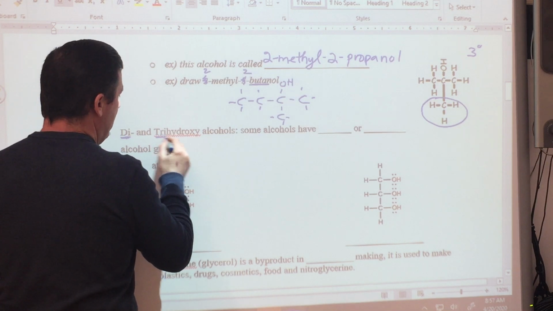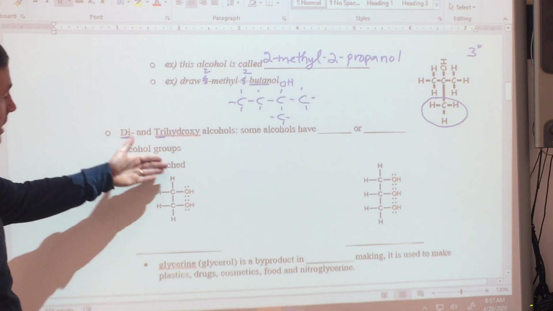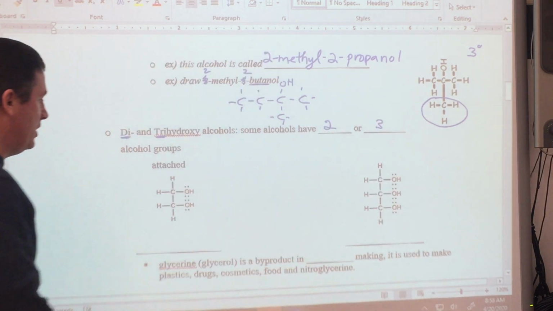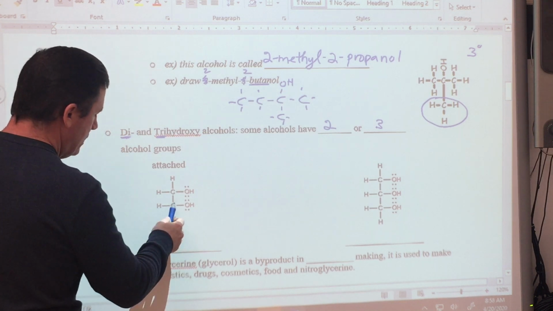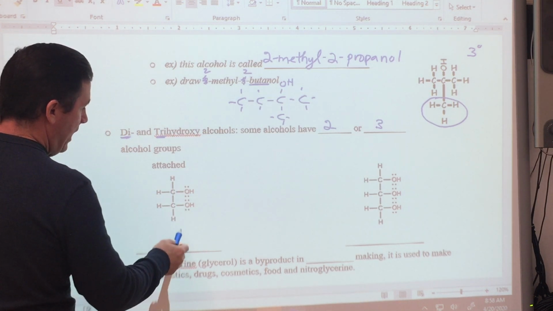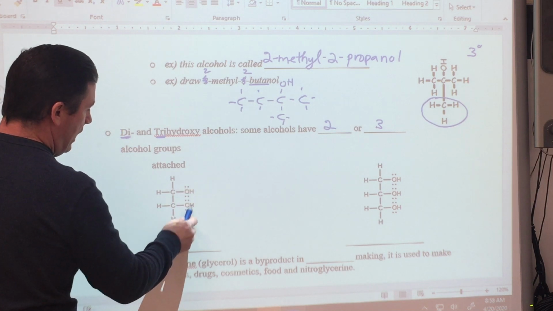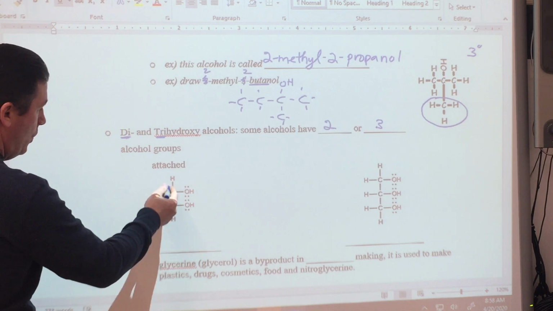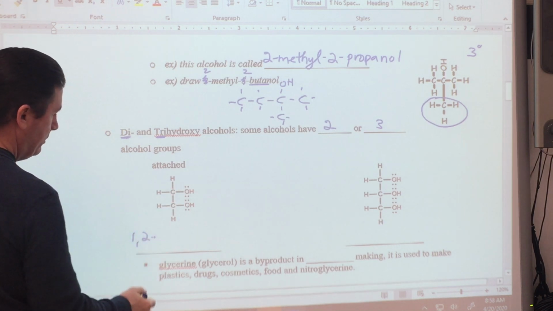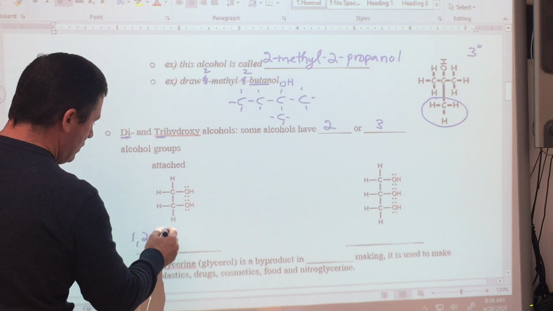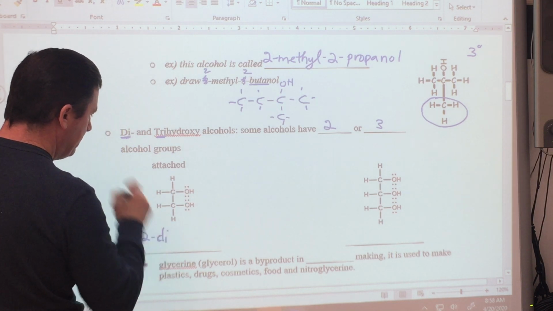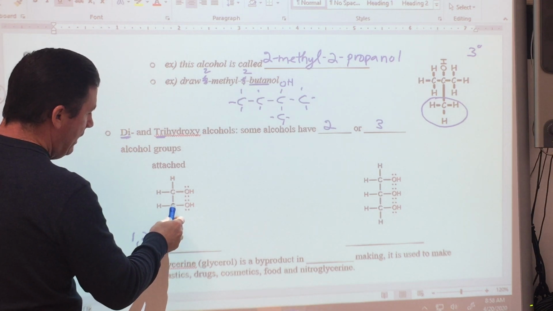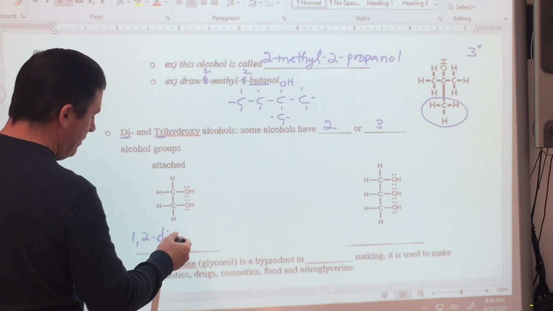Okay? The last little chunk is di- and trihydroxy alcohols. Some substances can have 2 or 3 alcohols attached to the same carbon chain. Di again means 2, tri means 3. All right? So how would we name this? Well, I've got 2 hydroxyl groups, but they're attached to different carbons. So I'm going to do 1, 2. How many are there? There are 2. And this is meth, eth.